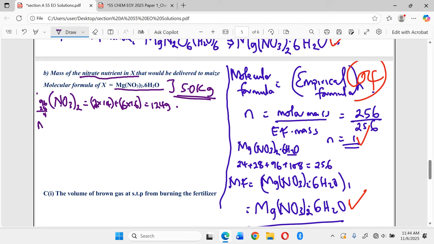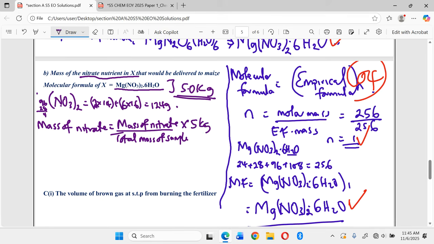So the mass of nitrate will be equal to the mass of nitrate divided by the total mass of the sample times 5 kilograms.